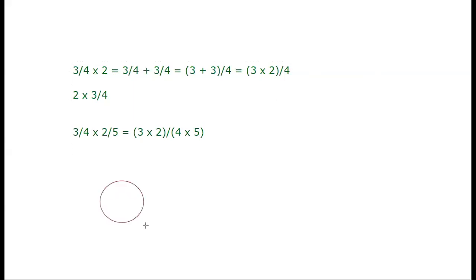You start with 2 wholes and split each one into 1/4 and take three of them.